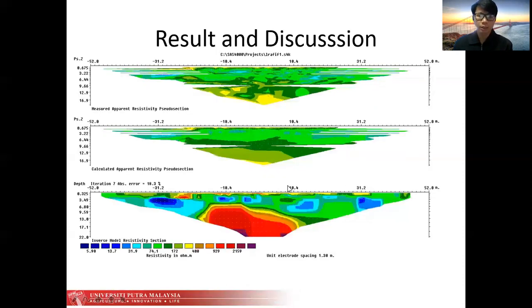For my result and discussion, the pond is located over here at -40 meters until 1.3 meters, and the depth of the pond is about 1 meter.